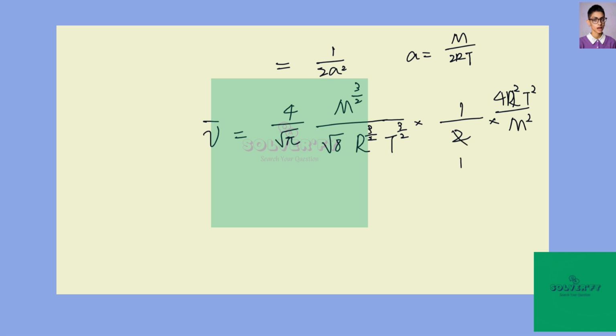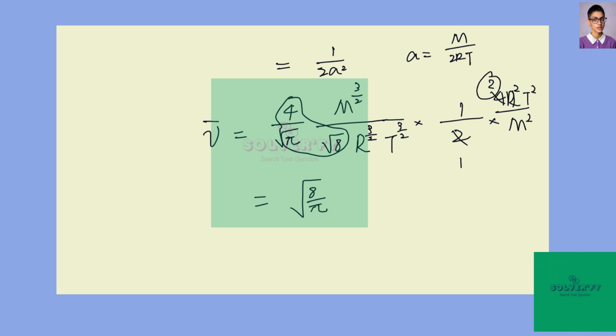Now, make some simplification. We have square root of a divided by pi, because we just combine those things.